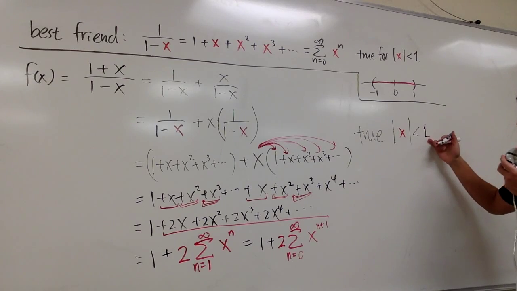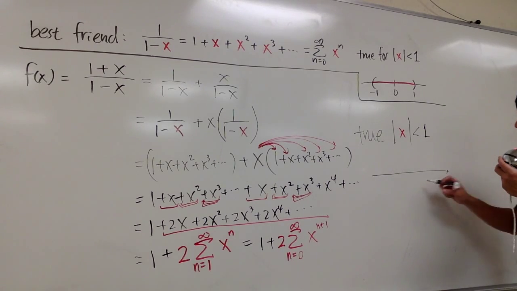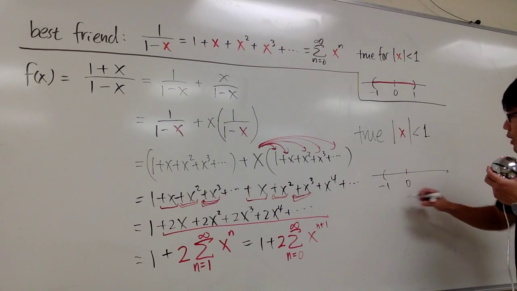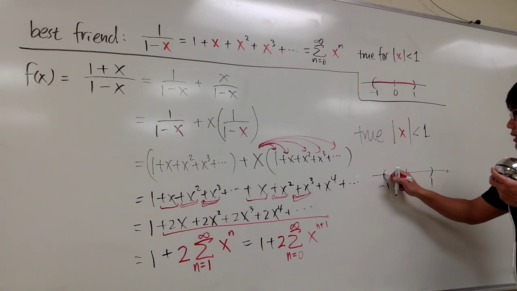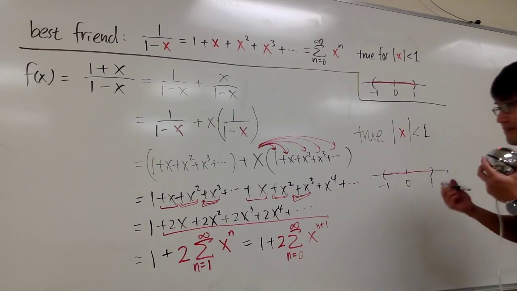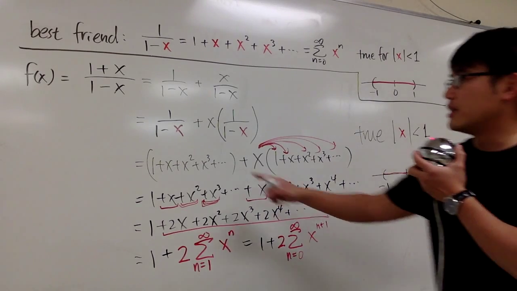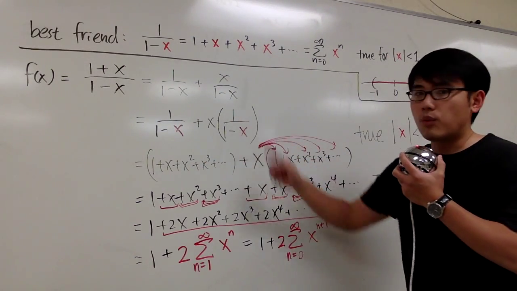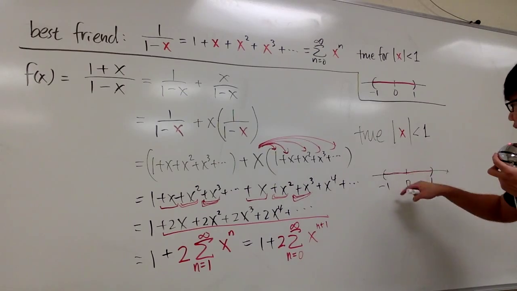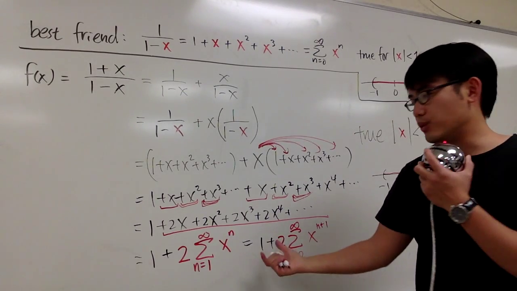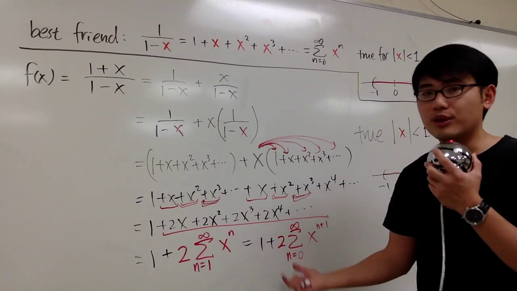That will tell you the radius of convergence. And equivalently, well, 0, and then -1, +1, and it's inside. It's not too crazy because, as you can see, this is exactly the same as our best friend, so the interval of convergence has to be exactly the same. You just work out some algebra, you work out some sigma notations. That's all.